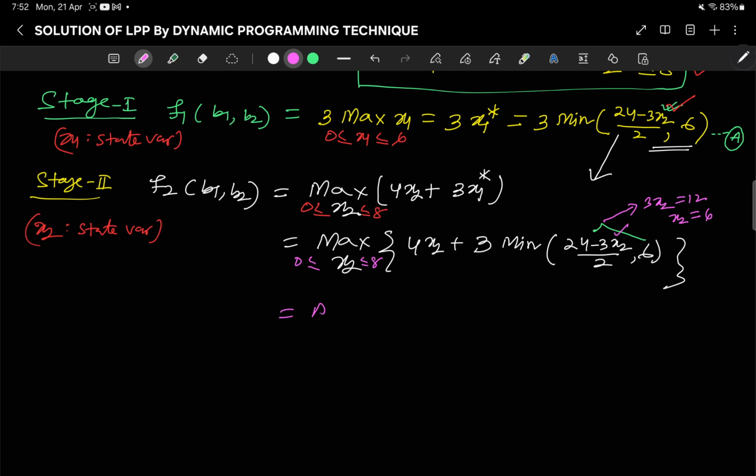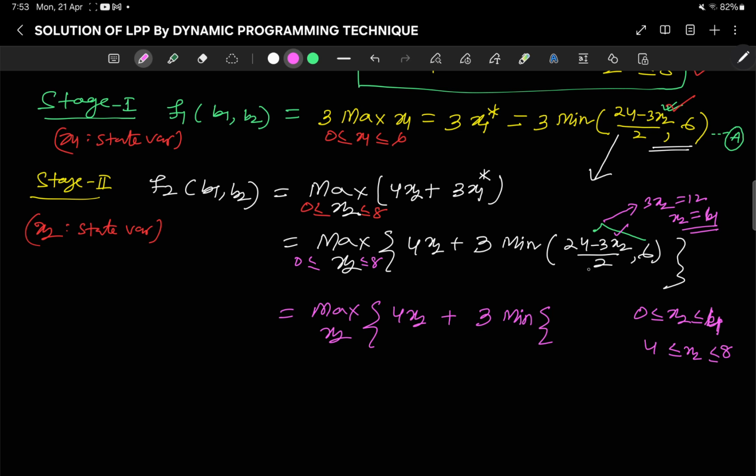So we write the maximization over x2 of 4x2 plus 3 times the minimization, and we have two ranges: one is 0 ≤ x2 ≤ 6, and the other is 4 ≤ x2 ≤ 8. In that way we will split.